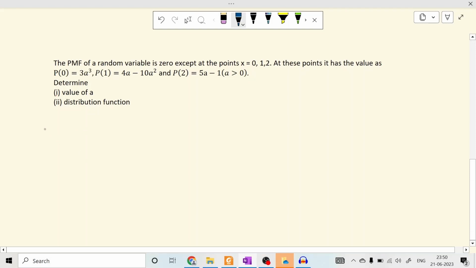So let us first make the distribution of this discrete random variable.